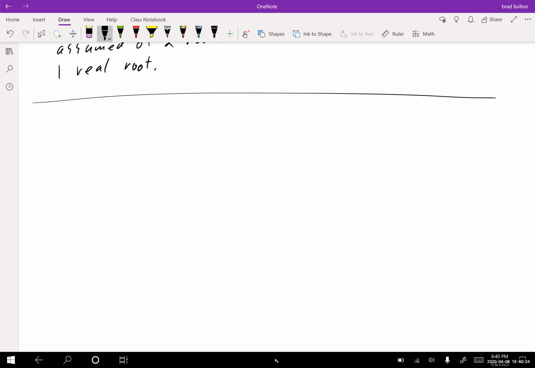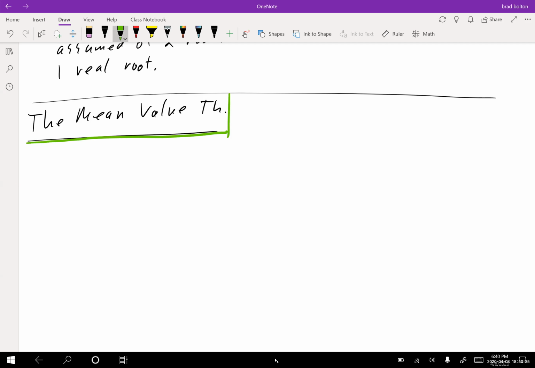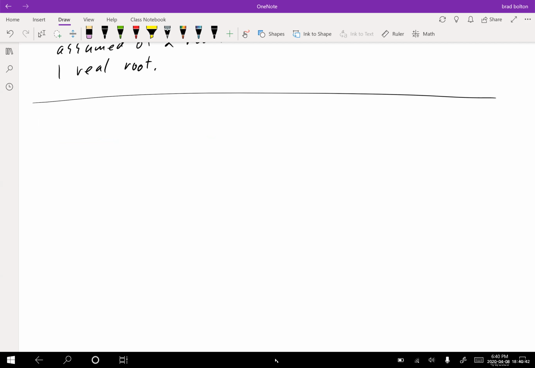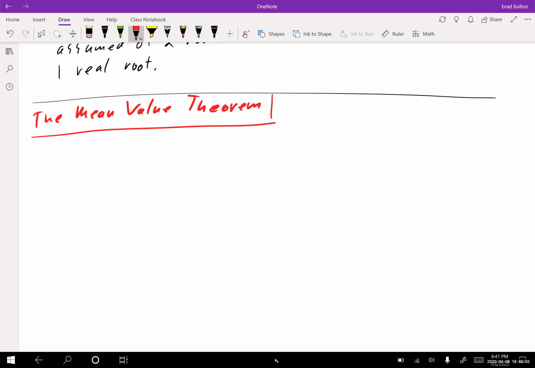Now let me write down the MVT, the mean value theorem.